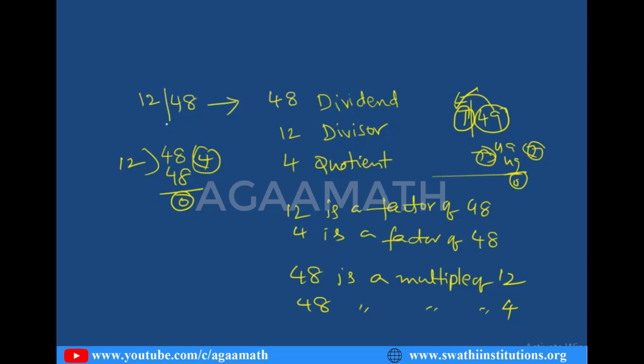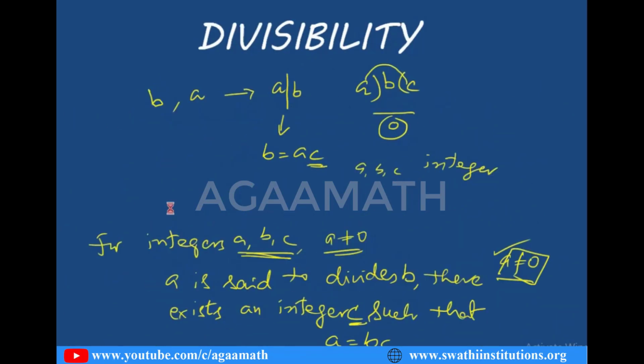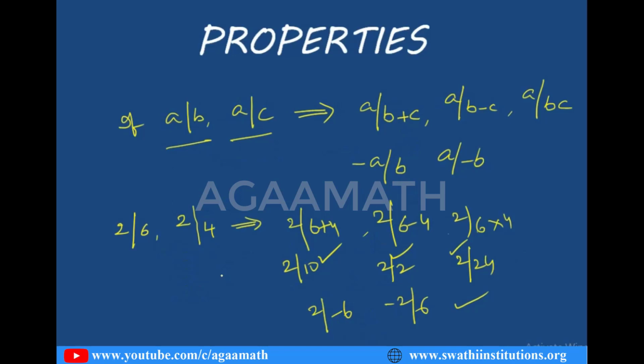Okay, we can conclude. This is the notation of divisibility. What we discussed now: the definition of divisibility, the notation of divisibility, and the properties.